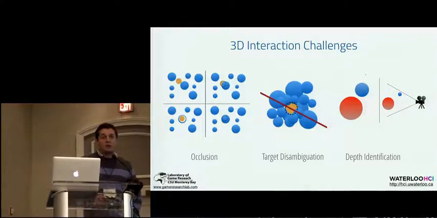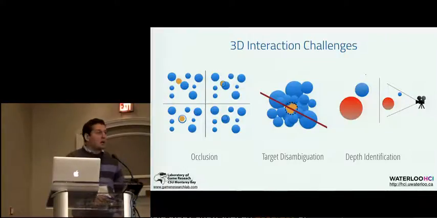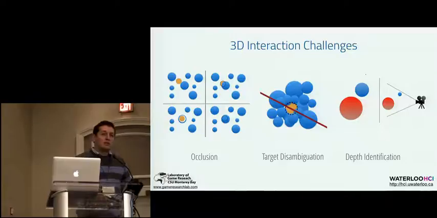And there are many mechanisms developed for occlusion management, but most of them require either dividing the selection phase into two separate phases, or they slow down the selection in some other way. So there is a cost of having selection on occluded objects.